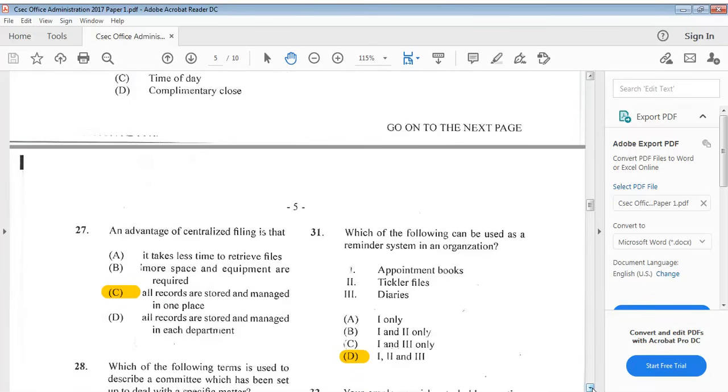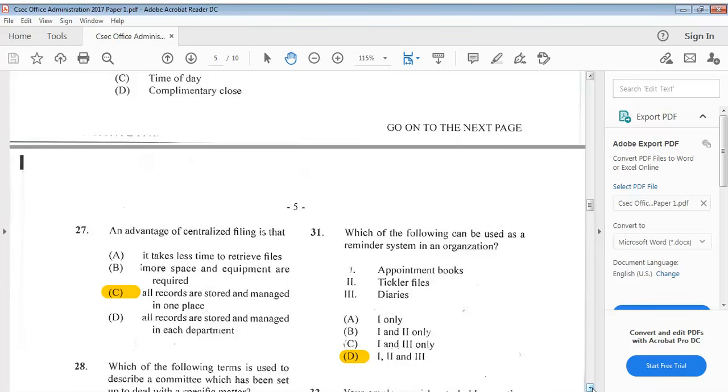Let's go on to number 27. An advantage of centralized filing is that A. It takes less time to retrieve files. B. More space and equipment are required. C. All records are stored and managed in one place.